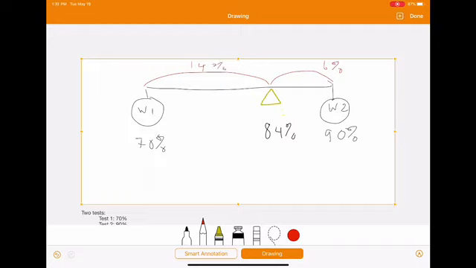And then clearly we know the whole distance between them. We could add 14 and 6 together, or we could just subtract 70 from 90.